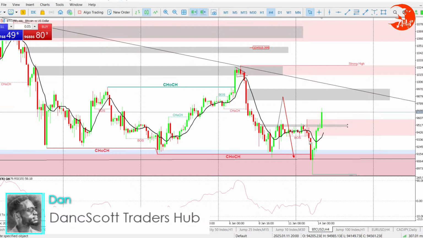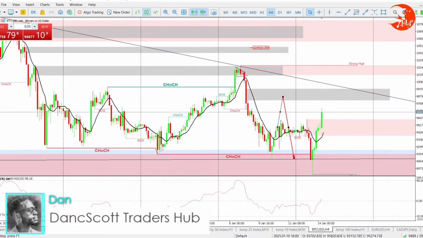So I can delete this now. That was a weak support. It has been broken out, and currently the price is on this very order block right there. But still, according to my CCI indicator right here, it is showing me more of the sells, because price never touched the oversold level, meaning the sells still have a say in this market.